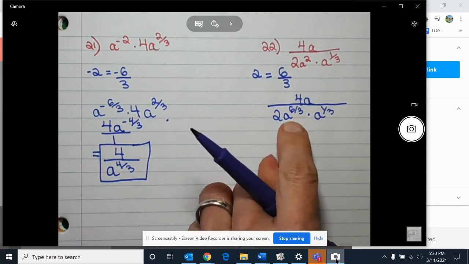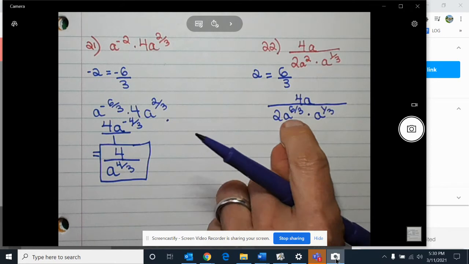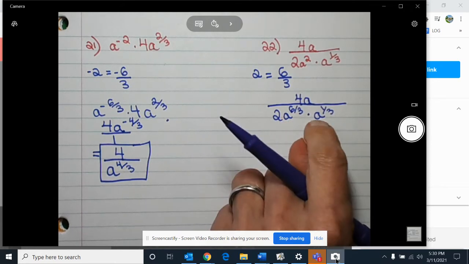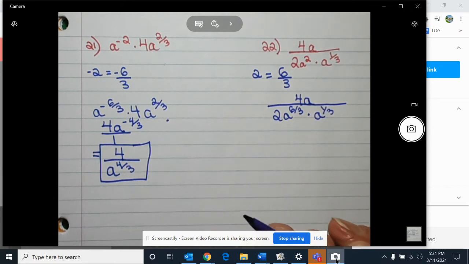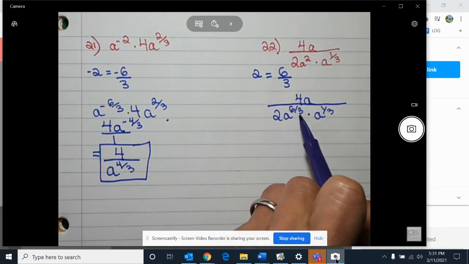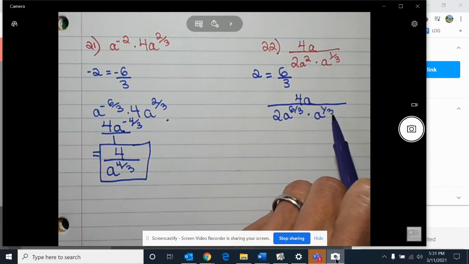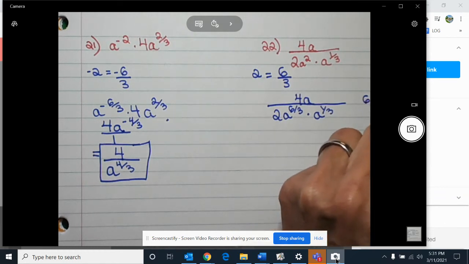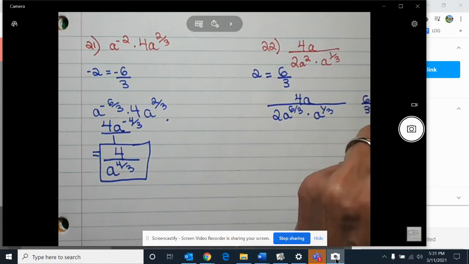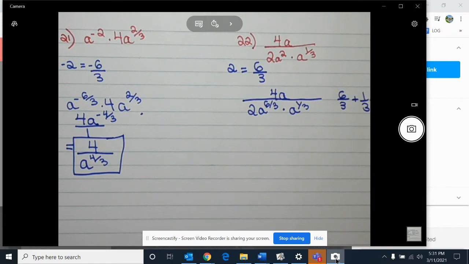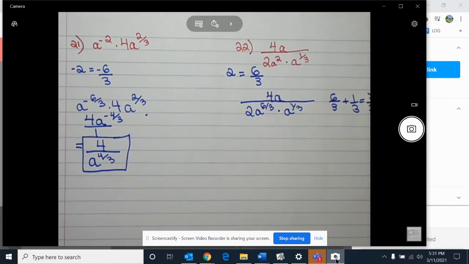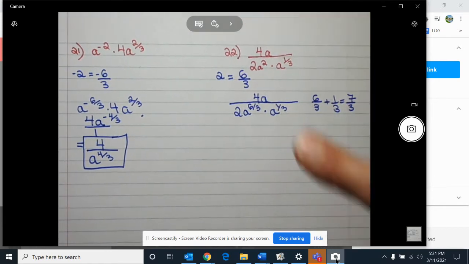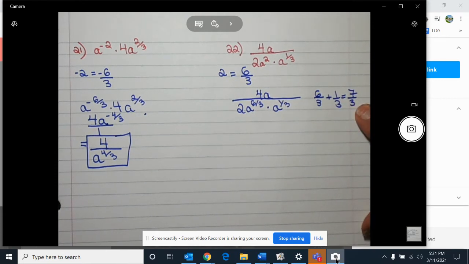So now think about when we multiply the same base, we can add those exponents. So 6/3 plus 1/3 is 7/3. And it's always okay to do a little work like we did at the start of class to remind ourselves of that fraction. 7/3.